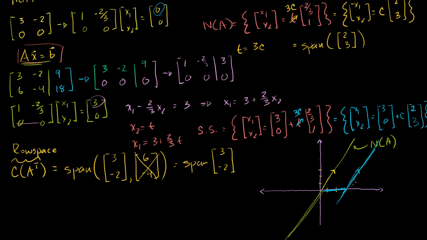It's shifted essentially by that vector 3, 0. This is the solution set to Ax equals b. Now, what's our row space? The row space is all of the multiples of the vector 3, -2.